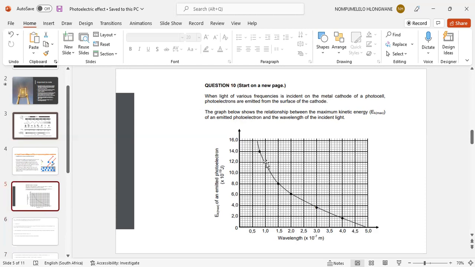Looking at this, the point is here. So where is the point? It is between 12 times 10 to the negative 19 joules and 10 times 10 to the negative 19 joules, but it is not in the middle, so it is likely above 11, since between 10 and 12 there's 11.